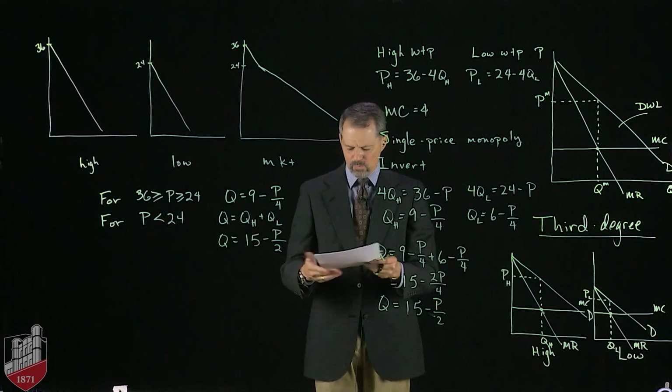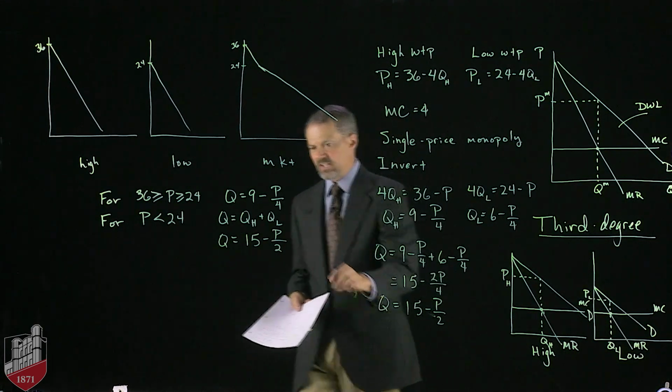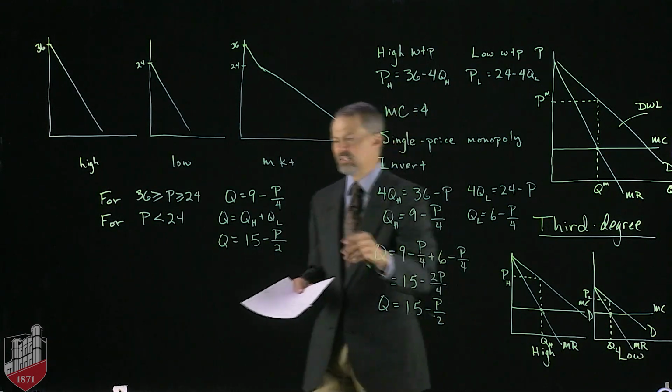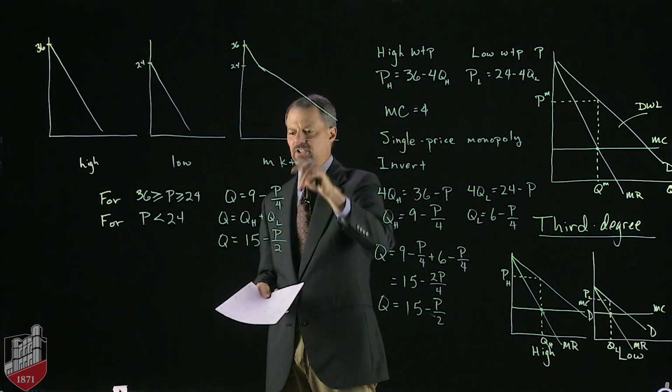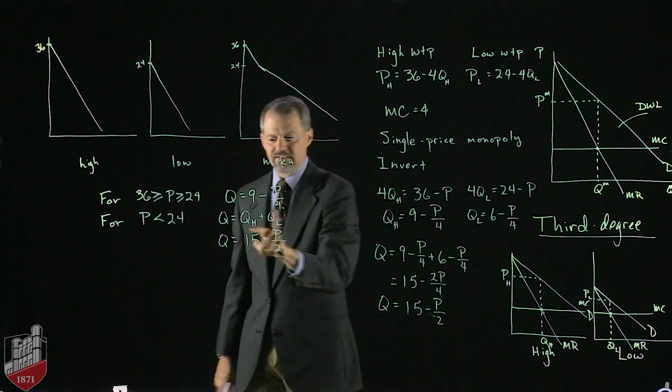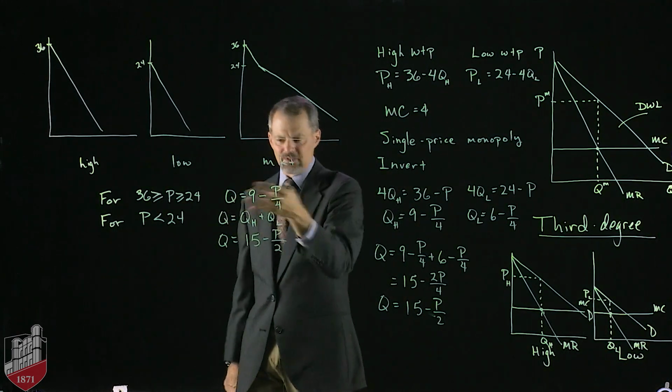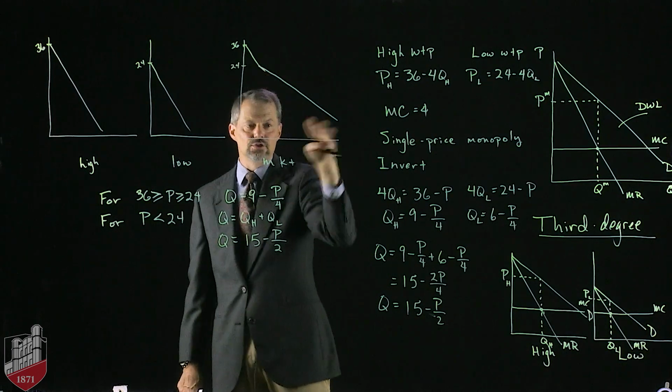Okay, now what we want to do, now that we've got this market demand curve, is we need to invert this. Let me also say this is not the functional form for that. We need to invert these to get the functional forms for those.